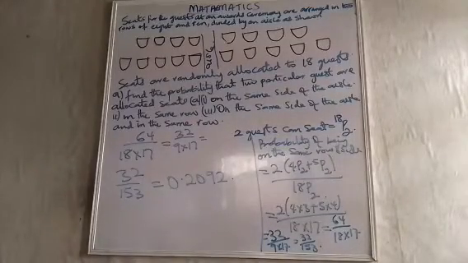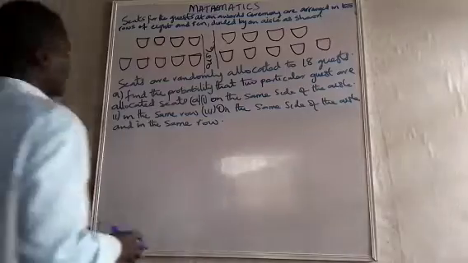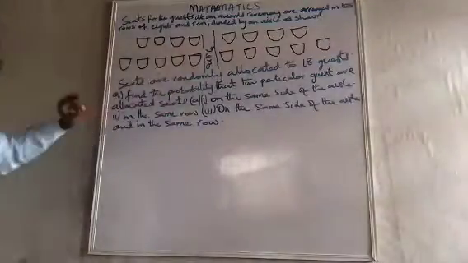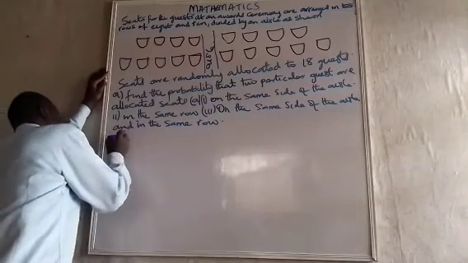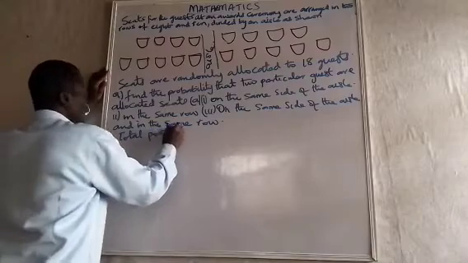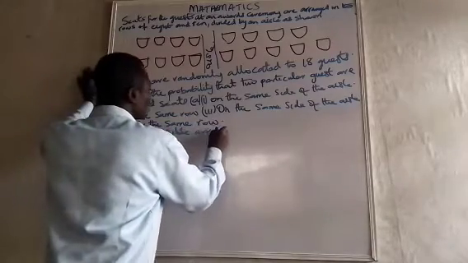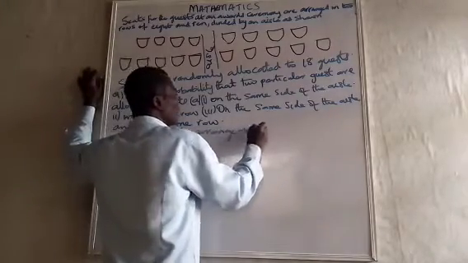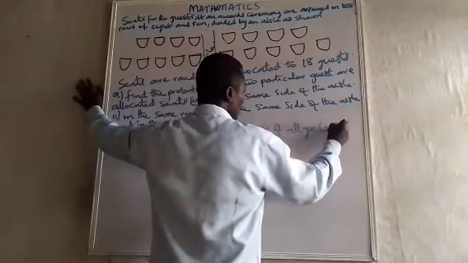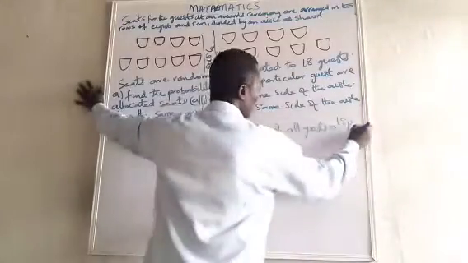Another way you can look at it is this. In this instance, you are looking at all of them, not only the 2 particular guests. For the arrangement of all of them, the total possible arrangements of all guests will be equal to 18 P18.